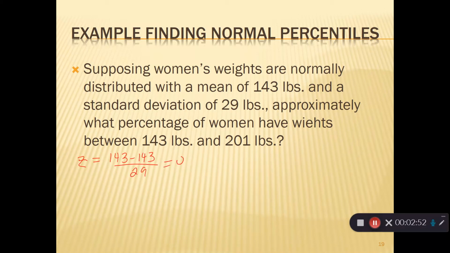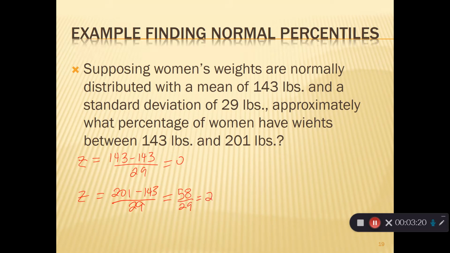Well, that's a 0 on the top, so that's a z-score of 0. And my second z-score is going to be the second data value, 201 minus 143 over 29. And so that works out to be 58 over 29, and that's a 2.